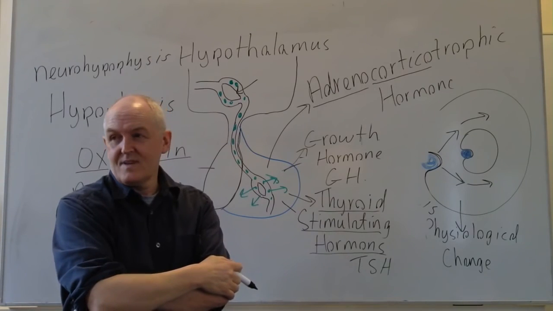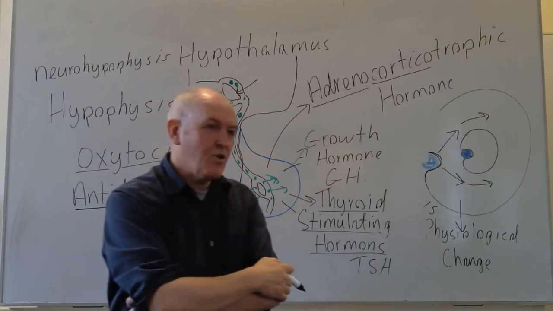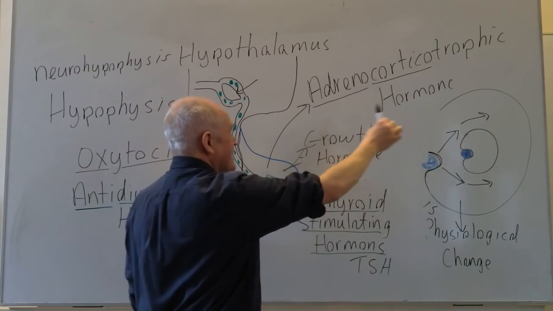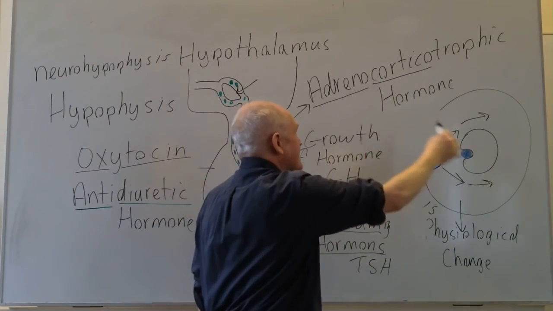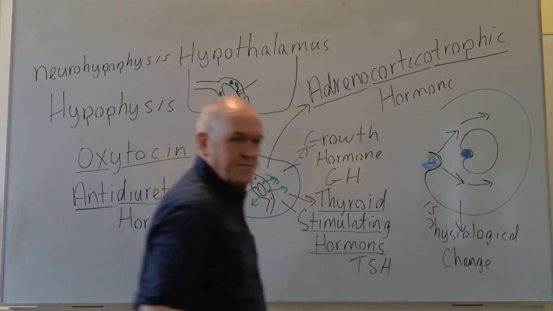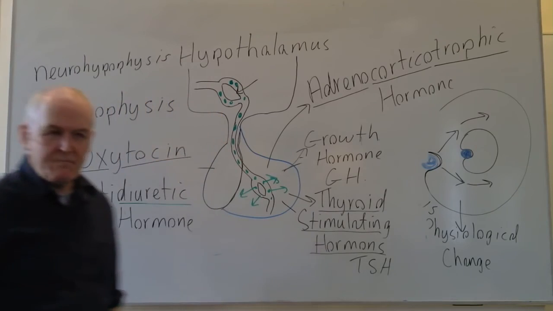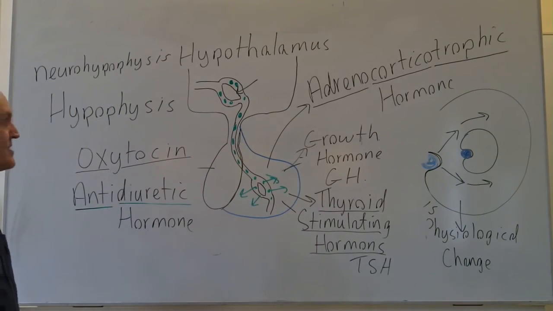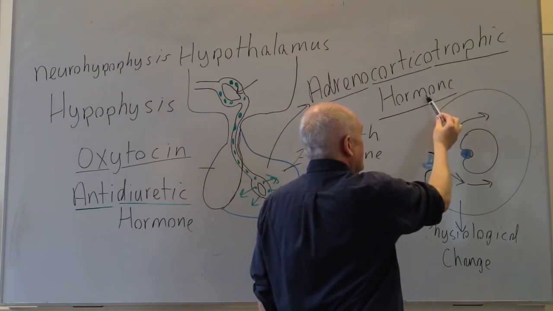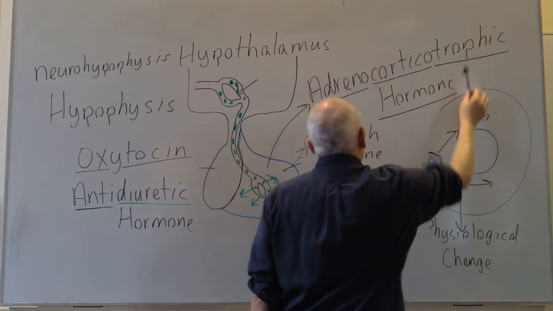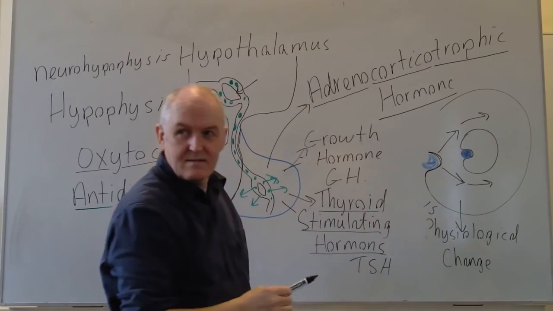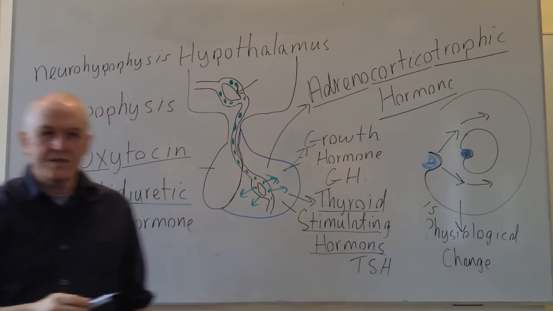So we know it's affecting the adrenal gland, and we know it's affecting the cortex. And trophic means to bring about a change or to stimulate. So can you see this hormone, this chemical messenger, is stimulating the adrenal cortex? It's adrenocorticotrophic hormone.